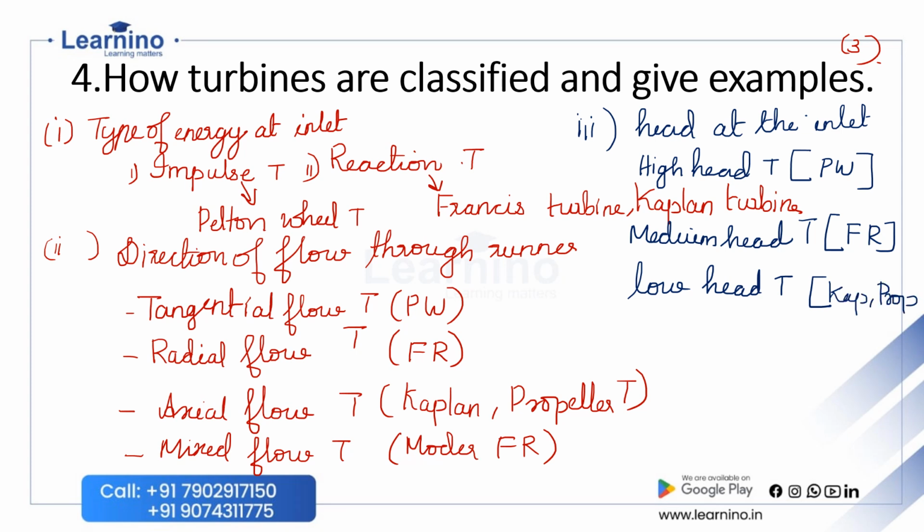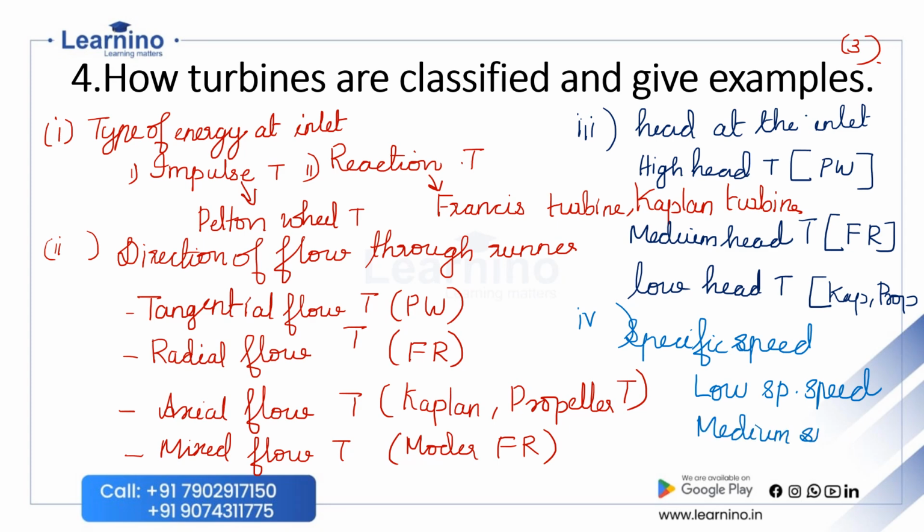Okay, and the fourth classification is based on specific speed. Based on the specific speed, the turbines are classified into low specific speed turbine, medium specific speed turbine, and high specific speed turbine.